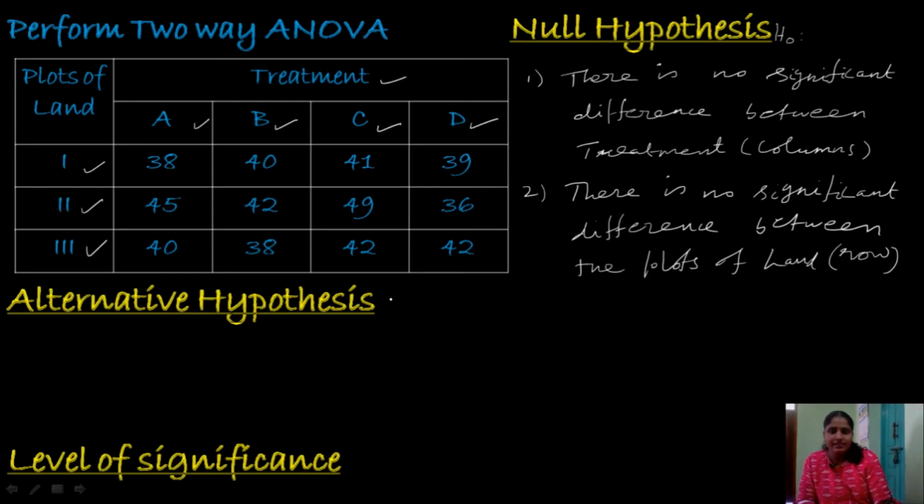So alternatively, we have to set up the alternative hypothesis, usually denoted as H1. As for the null hypothesis, here itself we have to set up the alternative hypothesis for row and column separately. For the first one, we set it up for column wise. The null hypothesis is that there is no significant difference between treatments.